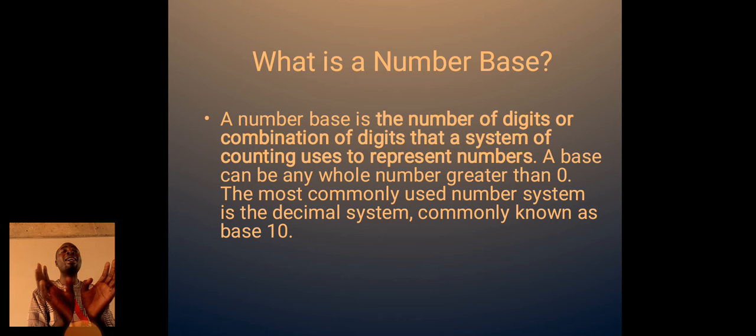Don't get me wrong. Number base is quite different from tallying. In tallying, you count and you use one of the digits to bind the rest of the numbers. What do I mean by that? When you go to the POS agents to do withdrawal and you want to withdraw 100,000, they will count 99,000 and use the last 1,000 to bind it to make it 100,000.